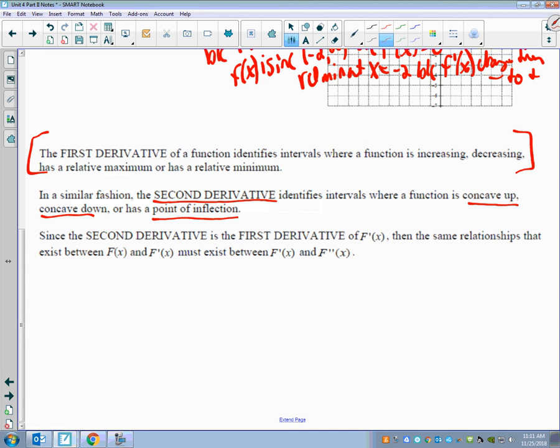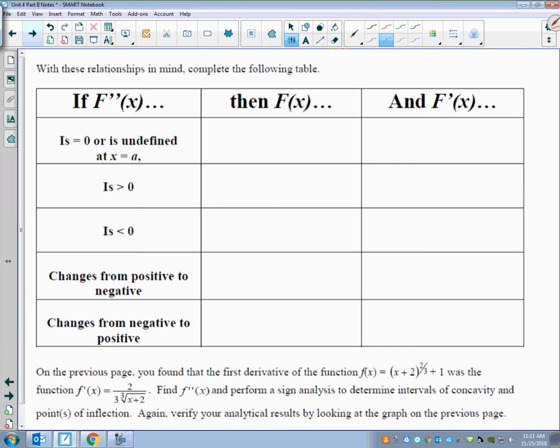And so we're going to try to see what we can do with this, okay? So I'm going to do a little bit more, and then we'll go from there. It says, with these relationships in mind, complete the following table. Okay, actually, I'm going to stop.